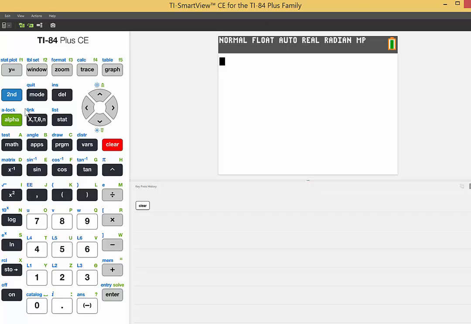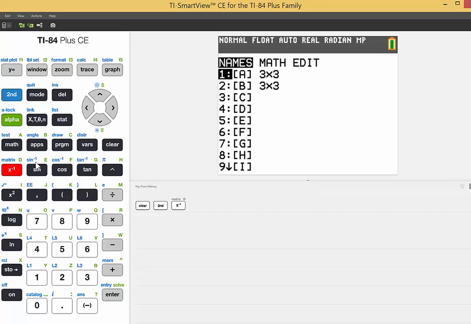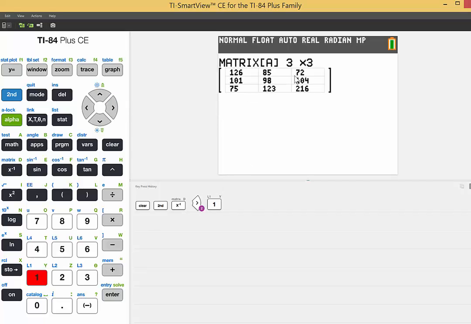In order to find the chi-square test value, we can use the TI-84 calculator. We'll press second matrix, and I have already typed the values into matrix A. So we'll go over here to edit and look at them. And we can see these values are here.